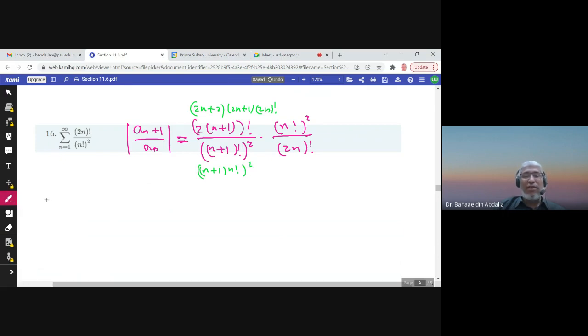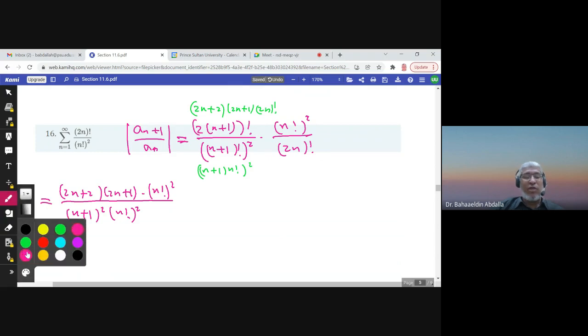So in fact, (2n) factorial will be cancelled with (2n) factorial. So I have (2n+2) times (2n+1) times (n factorial) squared. And I have below (n+1) squared times (n factorial) squared when I distribute the degree 2. So these two cancel.